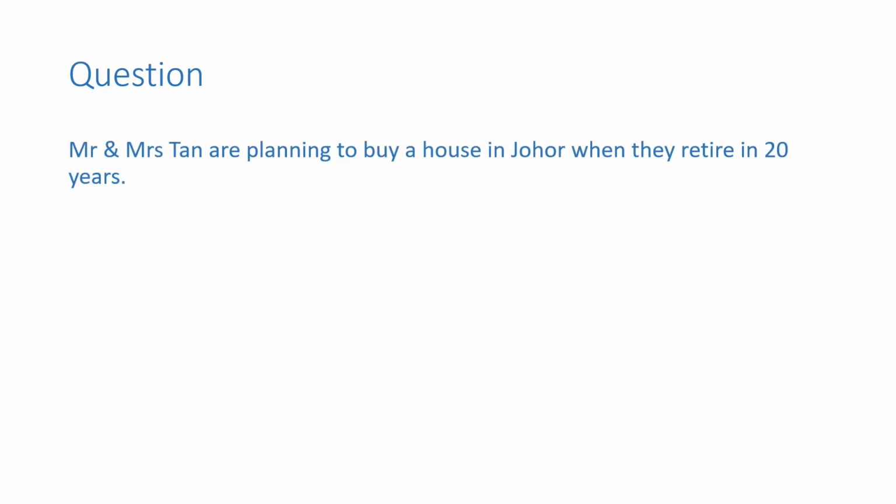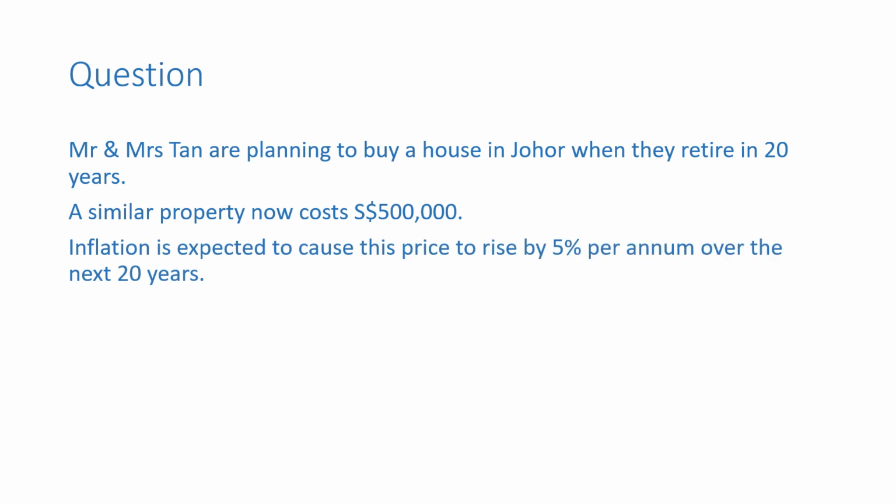Question. Mr. and Mrs. Tan are planning to buy a house in Johor when they retire in 20 years. A similar property now costs 500k. Inflation is expected to cause this price to rise by 5% per annum over the next 20 years.